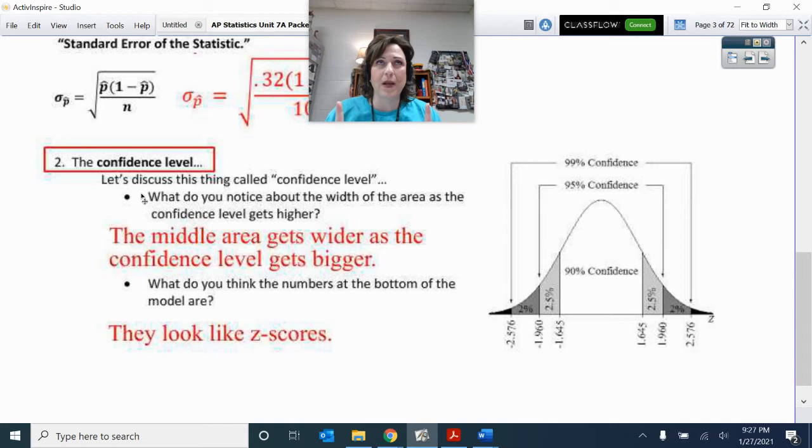Or I said that wrong, that my interval has captured that true proportion. Okay, so let's take a look over here at what some of these intervals look like based on a confidence level. So if we take a look at this, you can see this white section here in the middle is what a 90% confidence level or interval would look like.